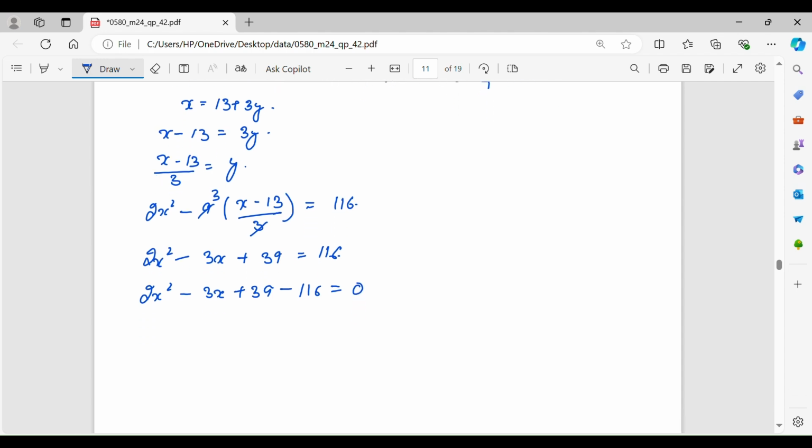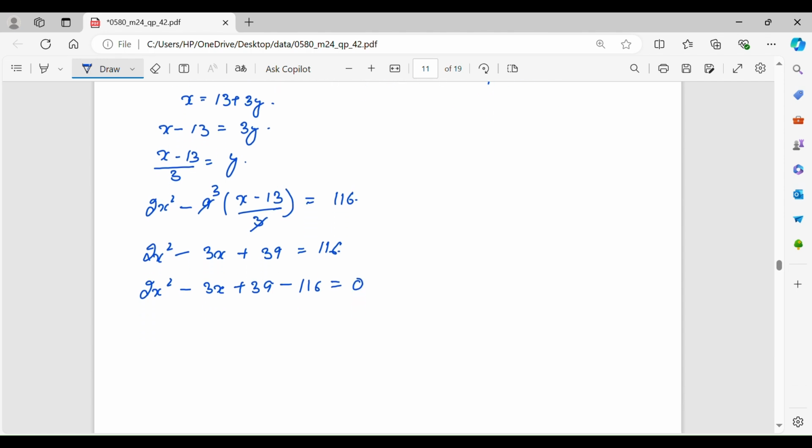Now this is 2x square minus 3x minus 77 equal to 0. Now we have to factorize this. For factorization, the product should be minus 154 and the sum should be minus 3.